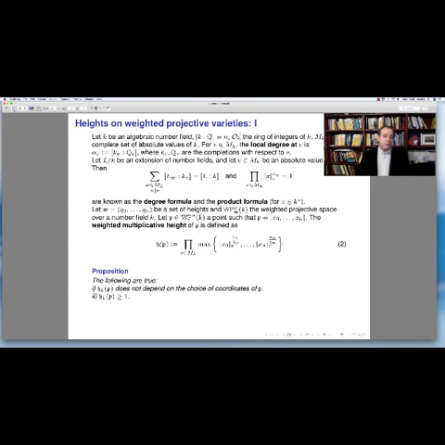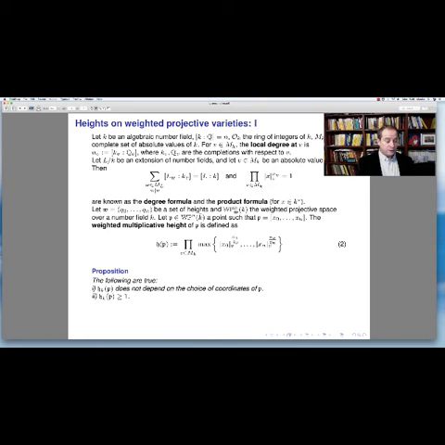Let's say we have a number field now, and everything is the same. We have the usual background from algebraic number theory: the set of absolute values, the local degrees, the sum formula, the degree formula and the product formula.